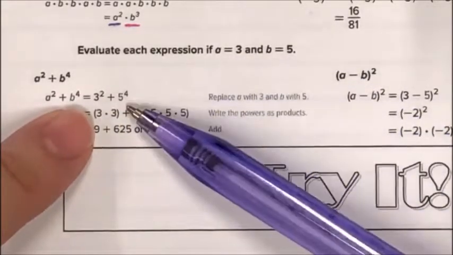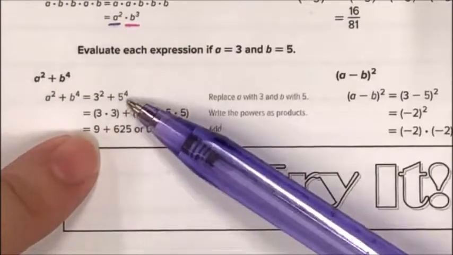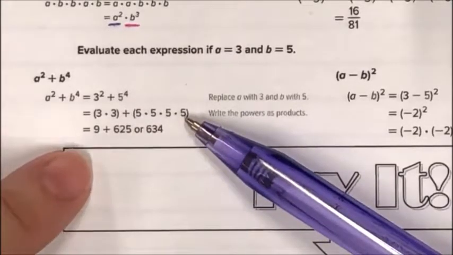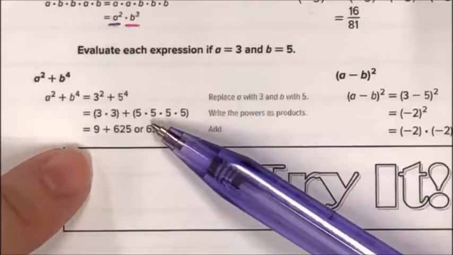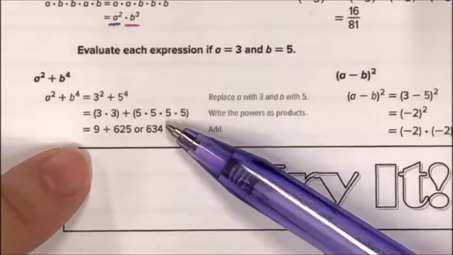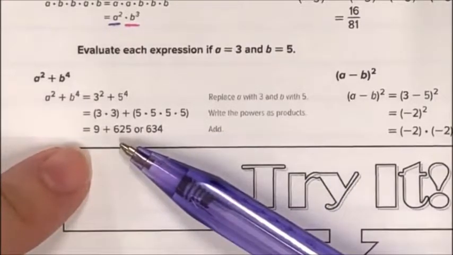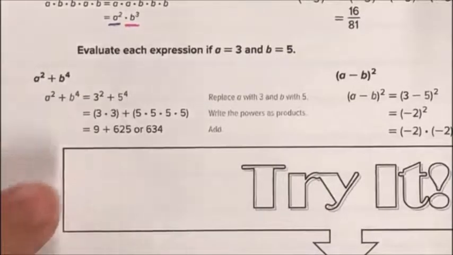B was 5, so I get 5 to the 4th. 3 squared is 3 times 3. 5 to the 4th is 5 times 5 times 5 times 5. When I simplify that, 3 times 3 gives me 9. 5 times 5 is 25. 25 times 5 is 125. 125 times 5 gives me 625. And then I add them together and I get 634.